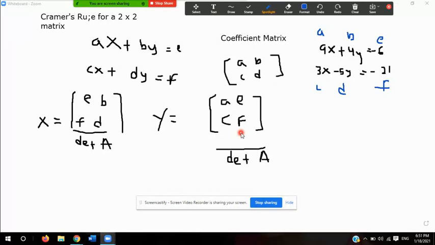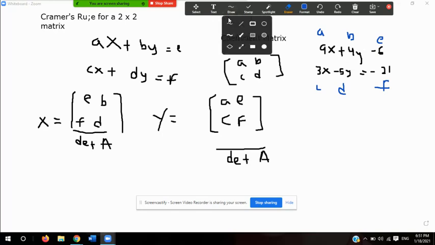So we have an example here. In this example, we have the system 9x plus 4y equals negative 6 over 3x minus 5y equals negative 21. Let me fix this so that it looks more like a negative 6.